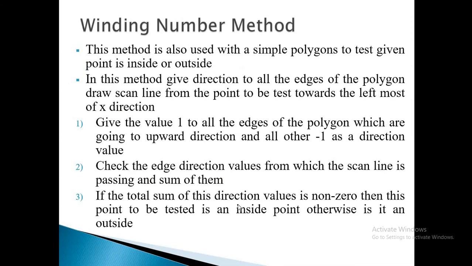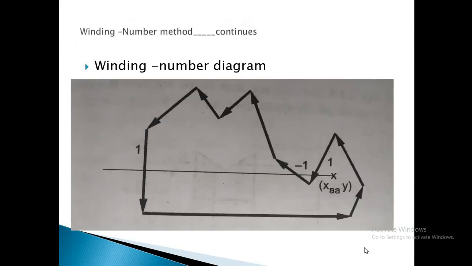If the total sum of the direction values is non-zero, then the point is tested as an inside point, and otherwise it is outside.